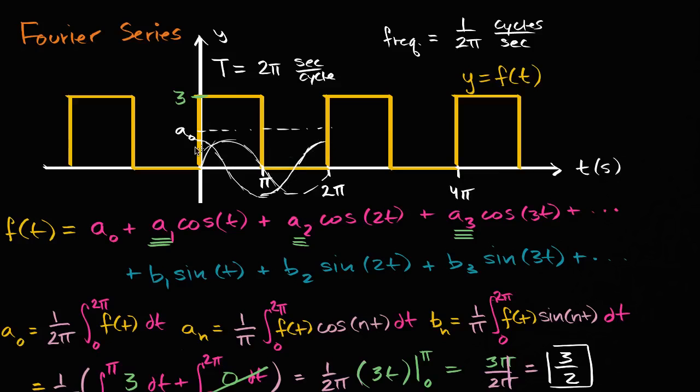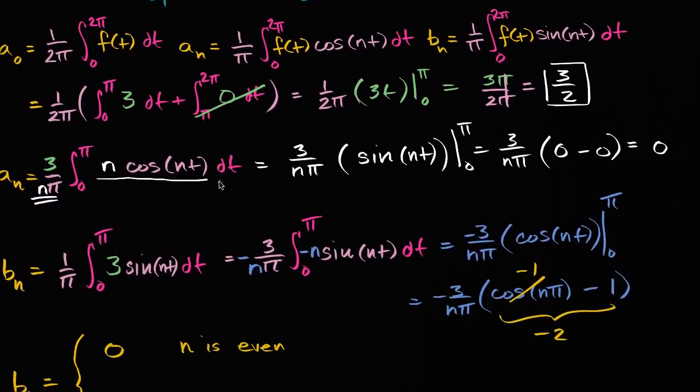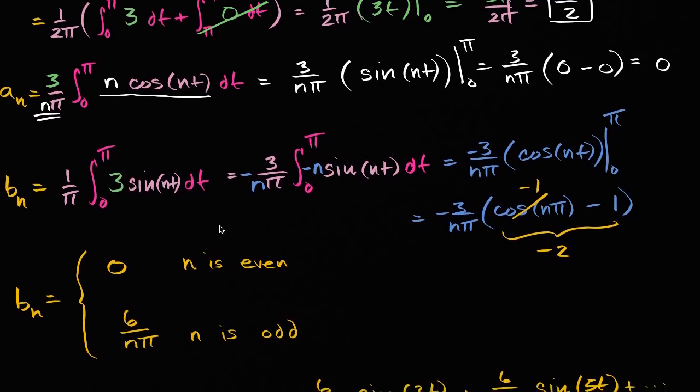And so cosine and multiples of cosine of x, so cosine of 2x, cosine of 3x, is going to be out of phase, while the cosine of t's and the sines of t's, sine 2t, sine 3t, is going to be more in phase with the way this function just happened to be. So it made sense that our a sub n's were all 0 for n not equaling 0.